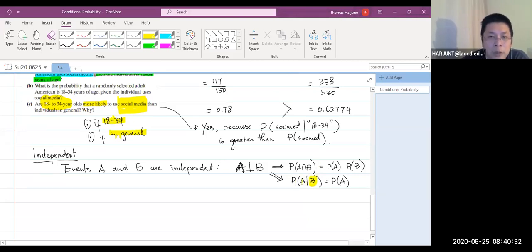If they are independent, then given B, the probability of A happening is equal to the probability of A, even if you don't know anything about B.